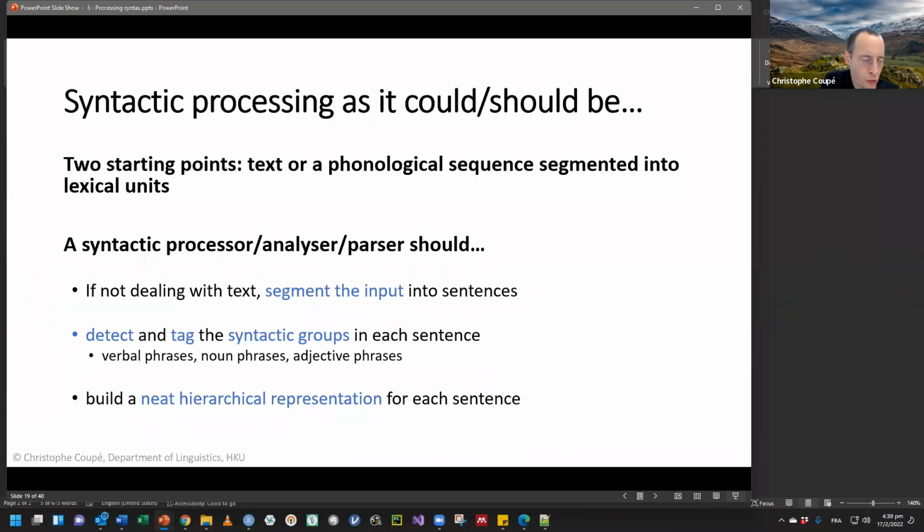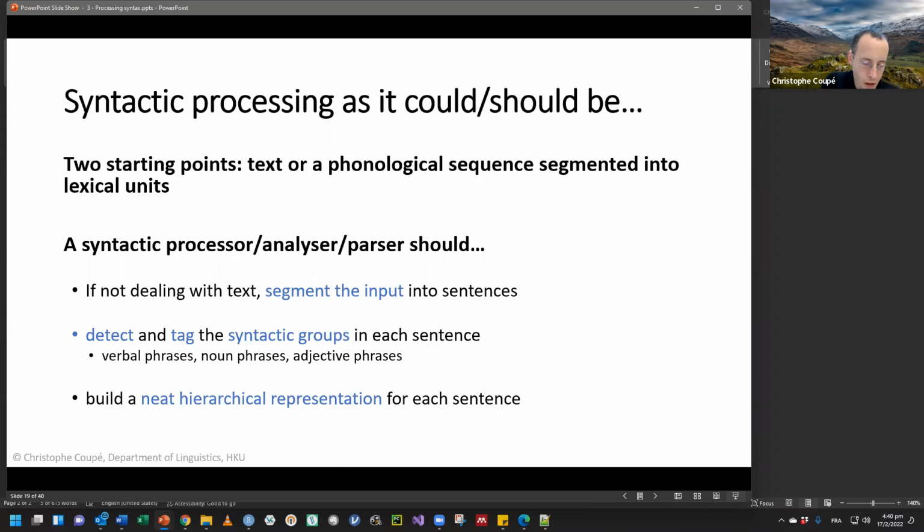The group corresponding to the subject, the group corresponding to the verb and things like adverbs, the object, etc. So what we call the verbal phrases, the noun phrases, the adjective phrases, you want to detect them and label them to say, okay, this is that, etc.